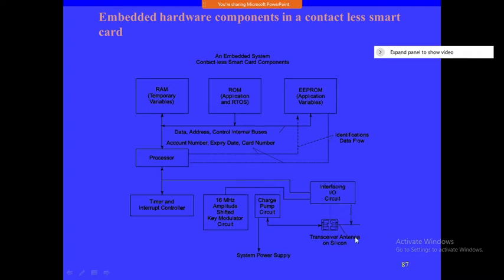Next, this is a transceiver antenna on the silicon. A small antenna will be getting the signals from the source. Then it is going to activate and get the charge from this charge pump circuit. Here, the system power supply is there. Whenever it is necessary, they will be providing that.